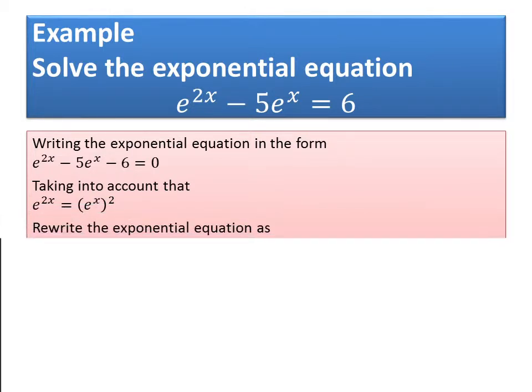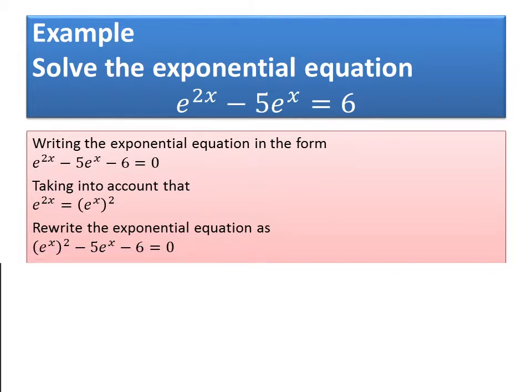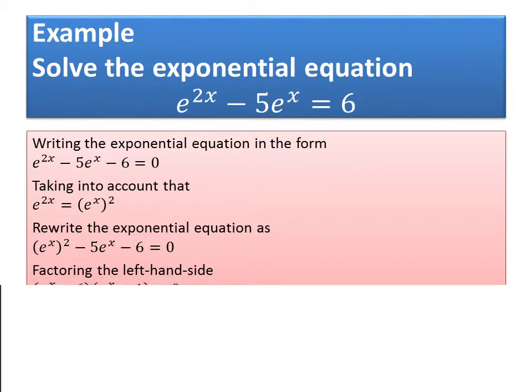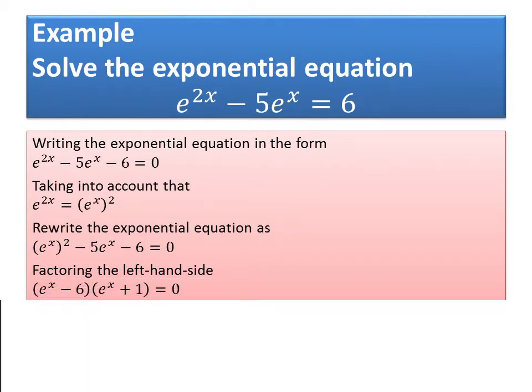So we can rewrite the equation above in the form (e^x)^2 - 5e^x - 6 = 0. And then we factor the left-hand side. So we have two brackets. The first, (e^x - 6) multiplied by (e^x + 1) equal to 0.